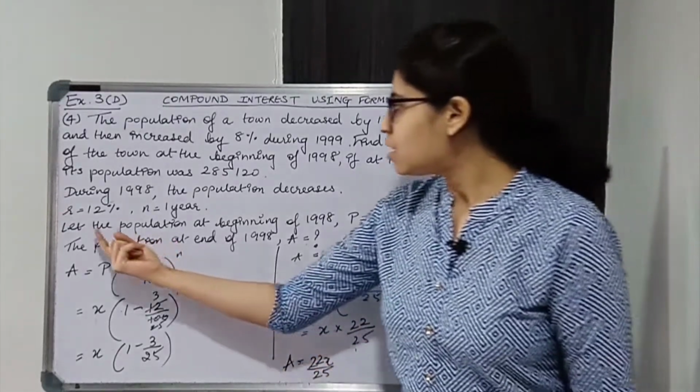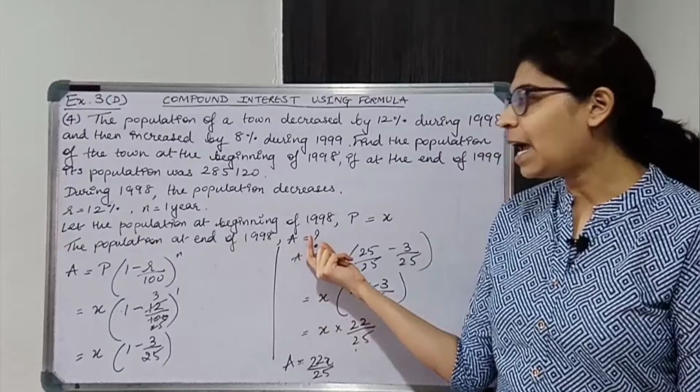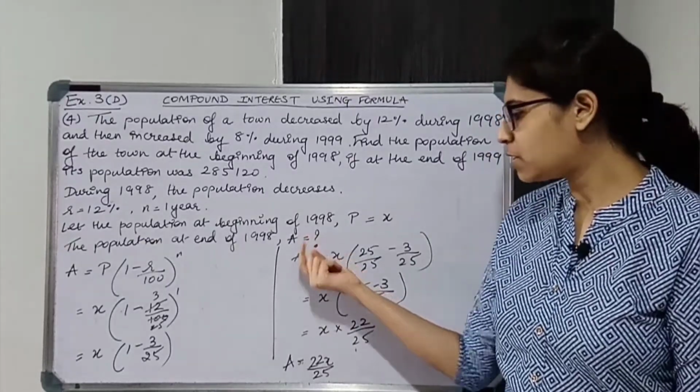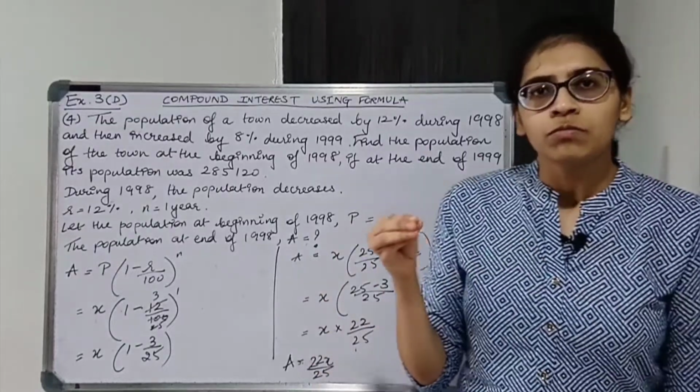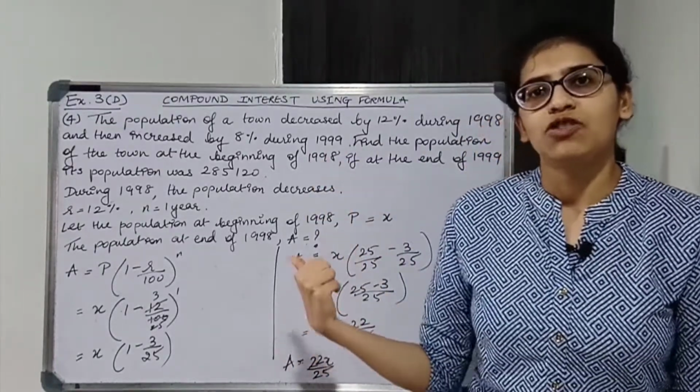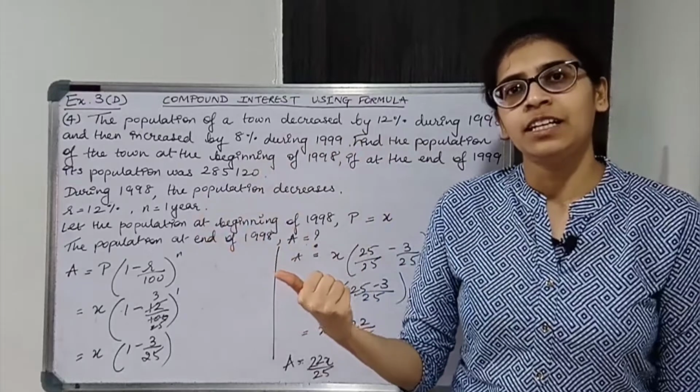Basically, this is the population at the end of 1998. Okay, so at the end is 22x upon 25. So this becomes the population at the beginning of 1999.